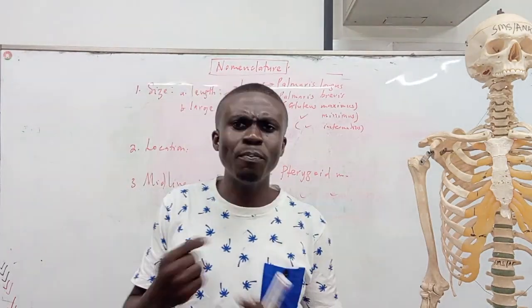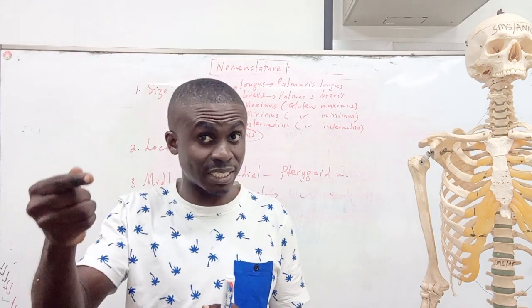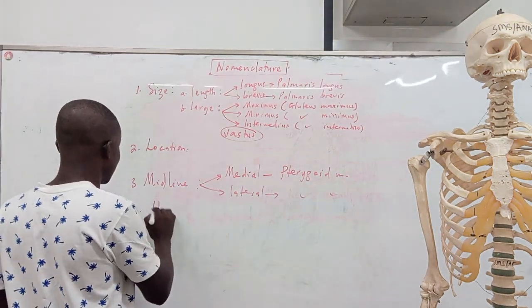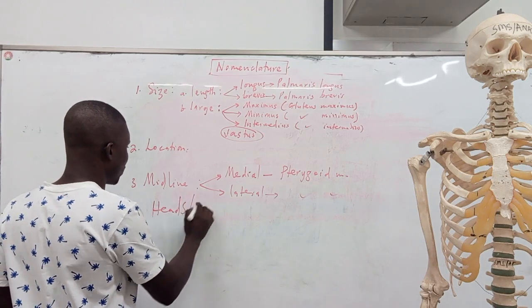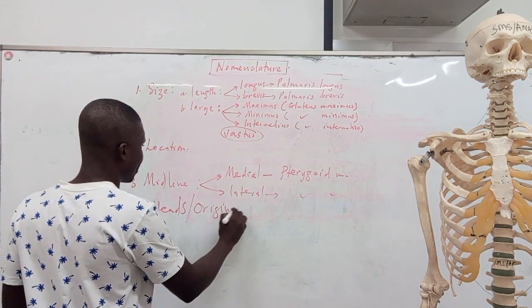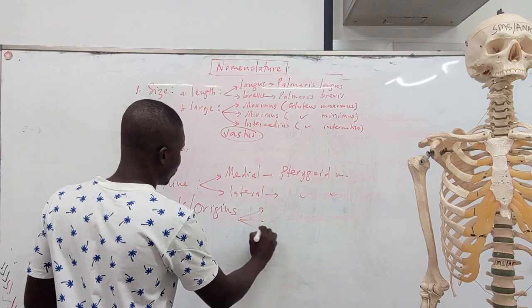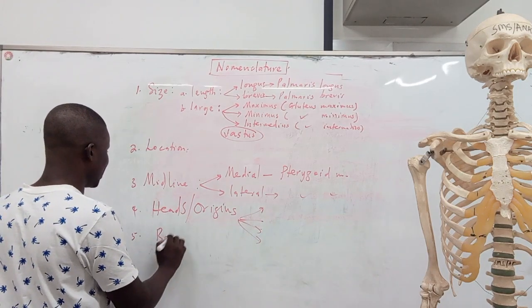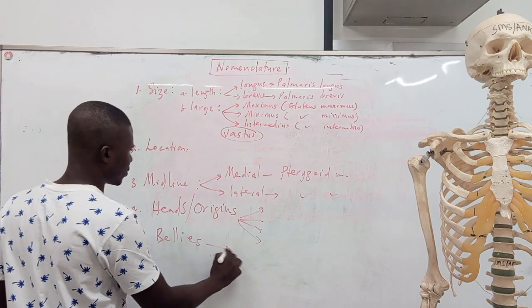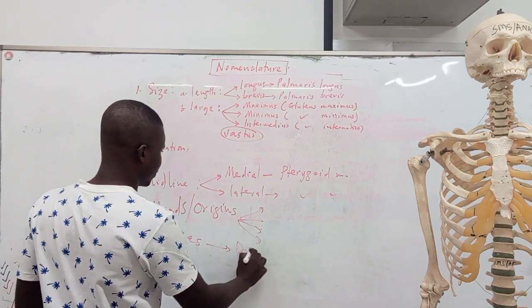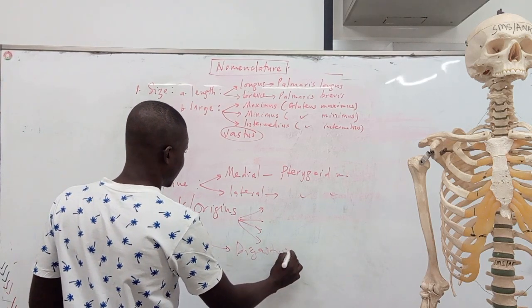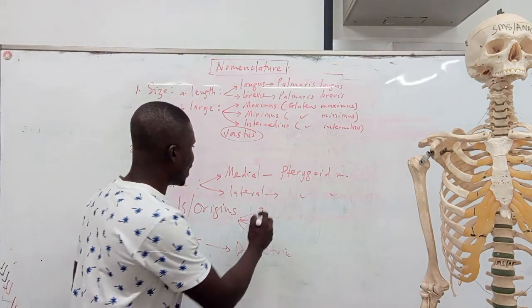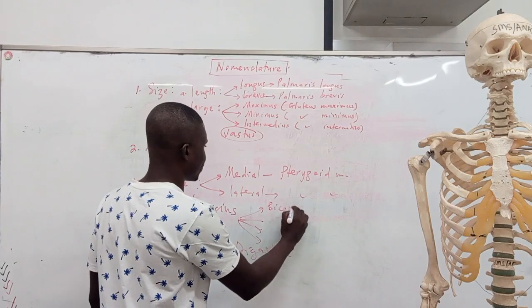Now, also we can name muscles based on the number of heads. Whenever we say number of heads, we are talking about number of origins. And importantly, we can name them based on number of bellies. Now, for the number of heads, we may have something called biceps.